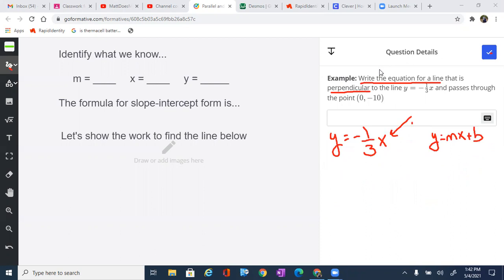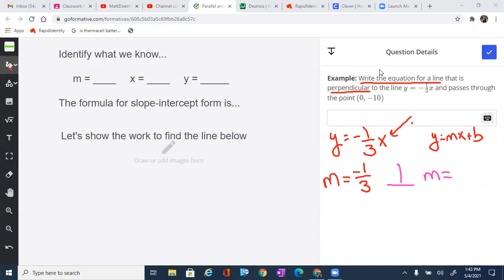It is already set up for us. When we write an equation of a perpendicular line, the only thing we really need to do is pay attention to the slope. The slope in this case is negative 1/3.